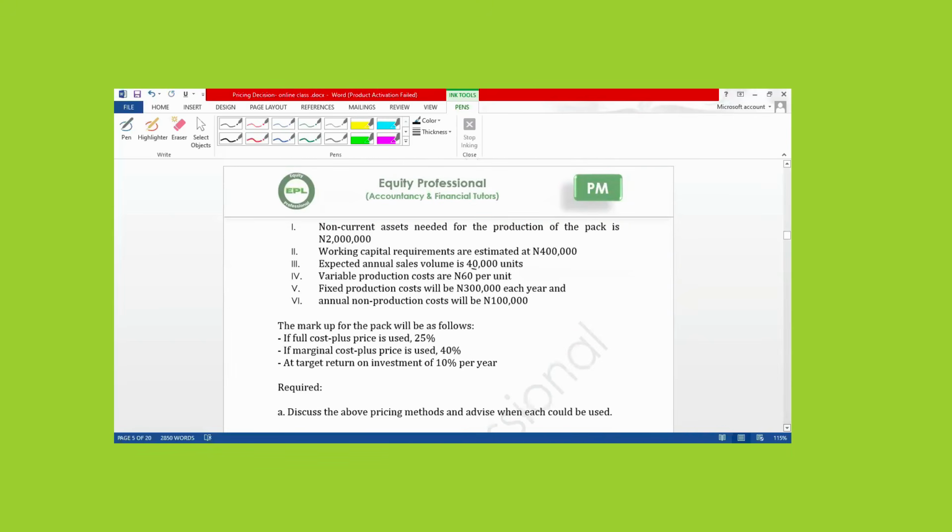The markup for the pack will be as follows. If full cost plus price is used, markup is 25%. If marginal cost plus price is used, markup is 40%. Target return on investment of 10% per year. Requirements.